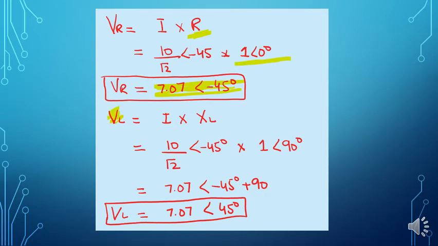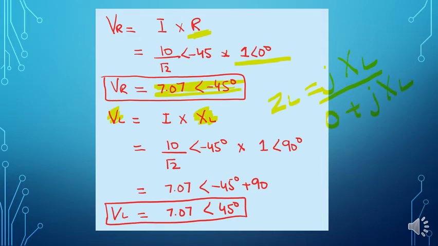Now VL should be found by using the current and XL, the reactance. The value of reactance is in the form of j, or impedance. If we say it is in the form of impedance, then we get ZL equal to j times XL. If you convert this j term, it means the value is 0 plus j XL.